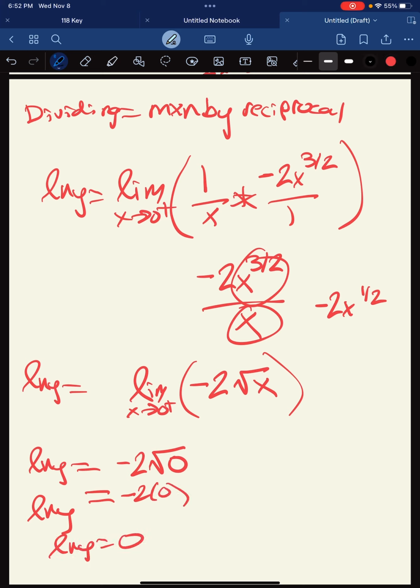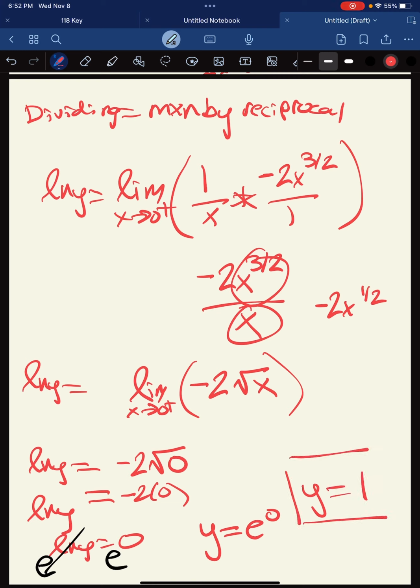So now, in order to solve for y, and y is the thing that we are trying to solve for, we add a base of e to both sides. And this is going to allow this ln to cancel. And then our final answer will be y equals e to the 0. And that equals anything to the 0 is just 1. So our answer will be 1.